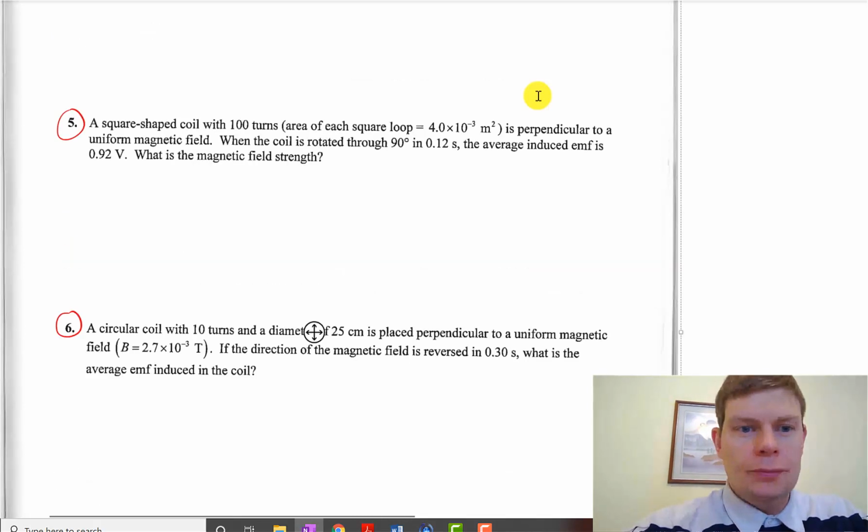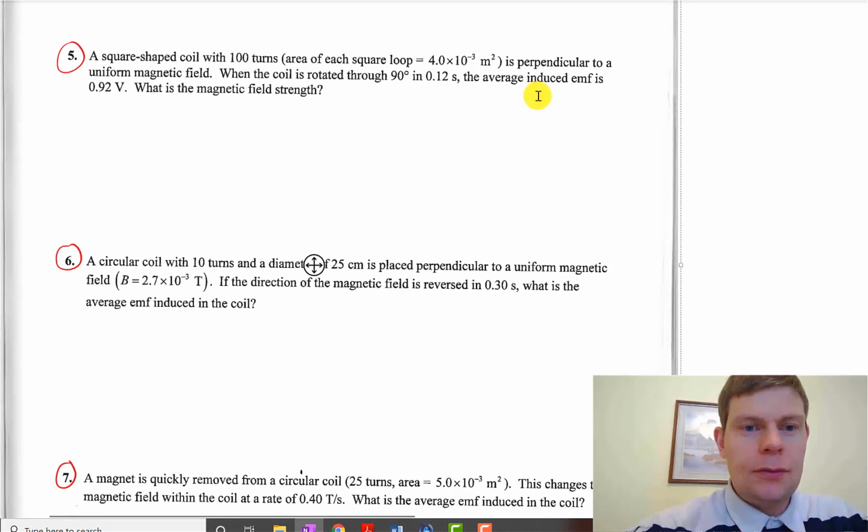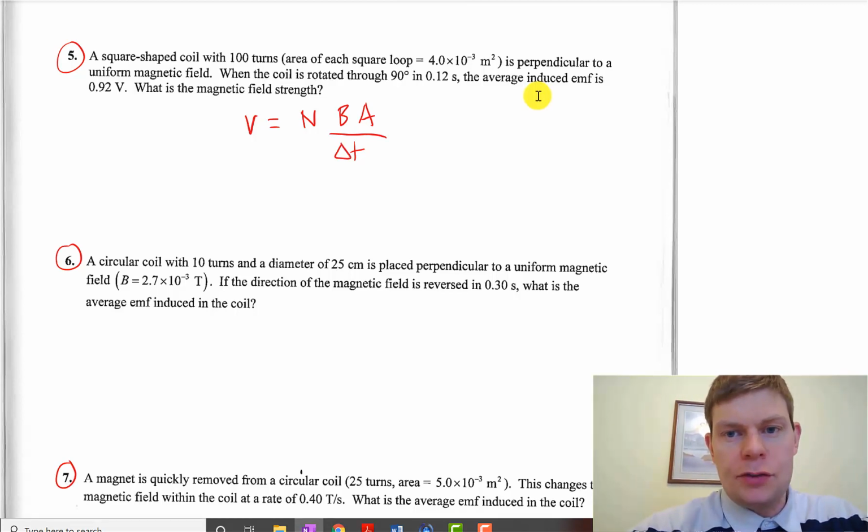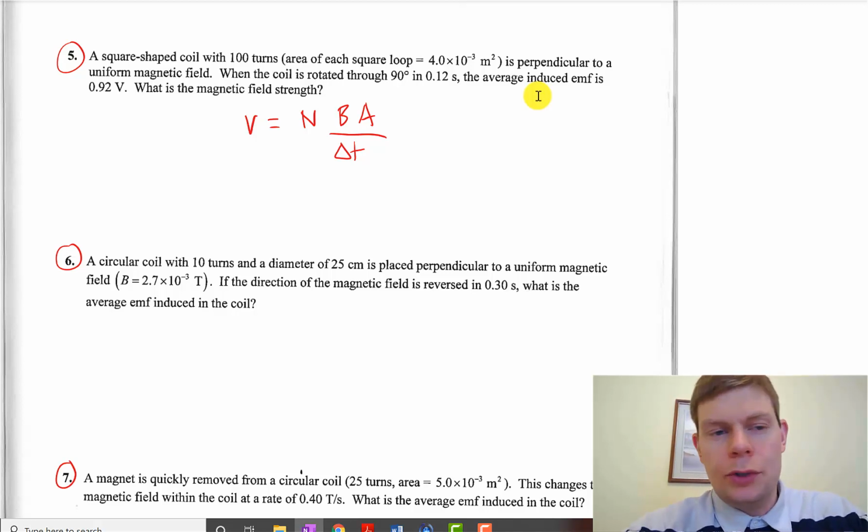So it's still V, or our voltage or EMF, is equal to our number of turns times the magnetic field, which we don't know, times the area, divided by the time it takes to do its thing. Remember, this is change in flux, but again, since it's rotated through 90, then it's going from full flux BA to 0. So it works out great.